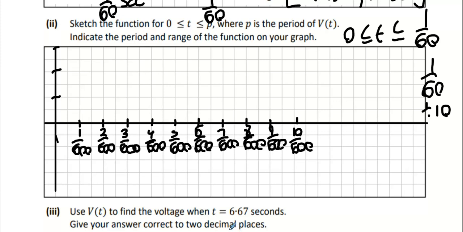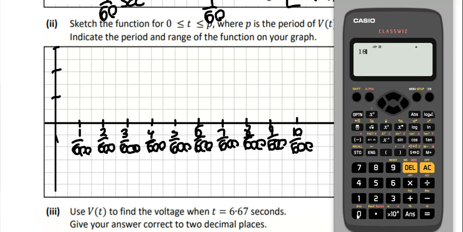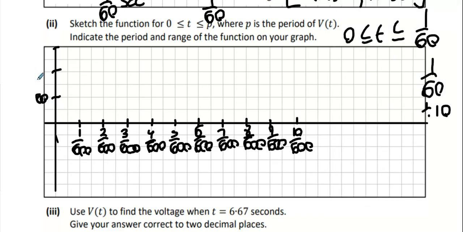I might just do it as 180. So 180 divided by 6 blocks is 30 each. So that'd be 60, 120, 180, and minus 60, minus 120, and minus 180.